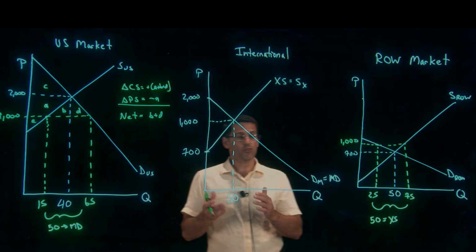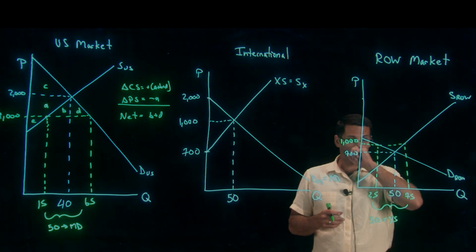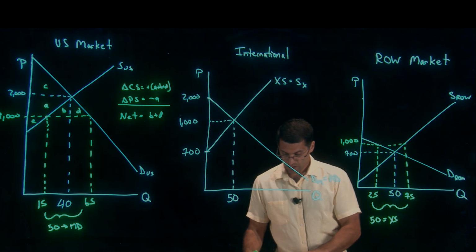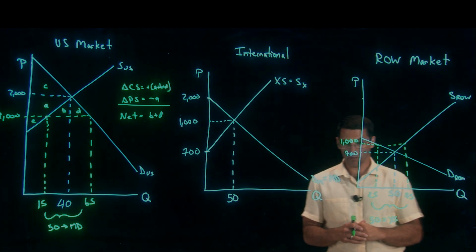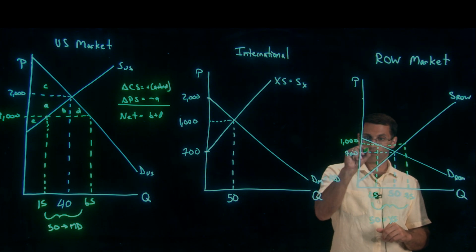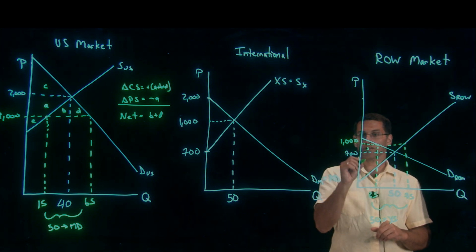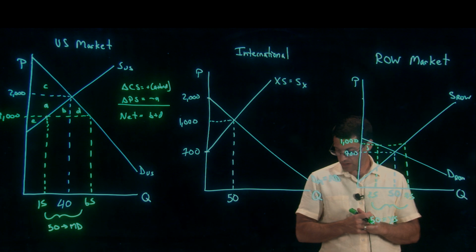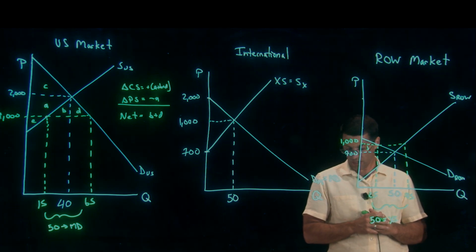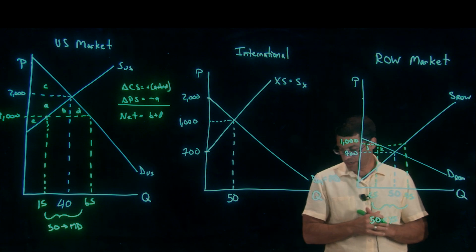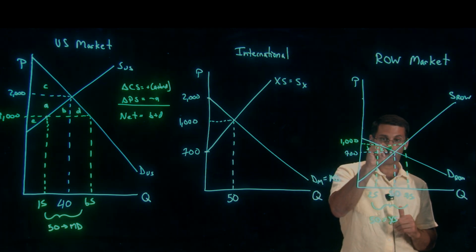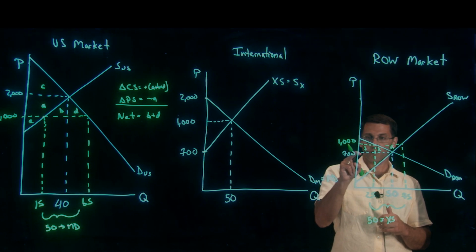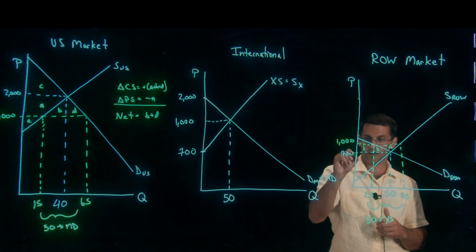Likewise, we can do the same thing for the rest of the world. Initially, the price is at 700. If we're looking at these areas, let's label this as J. J is this area here. Then you have K, and the book is labeling the triangle here as N. Initially, producer surplus is this triangle down here.